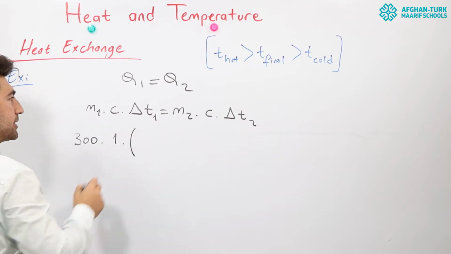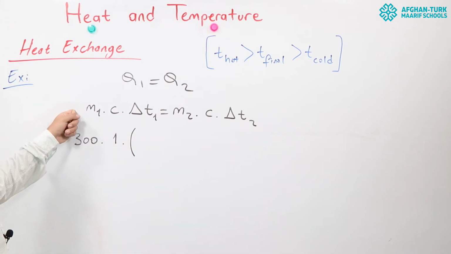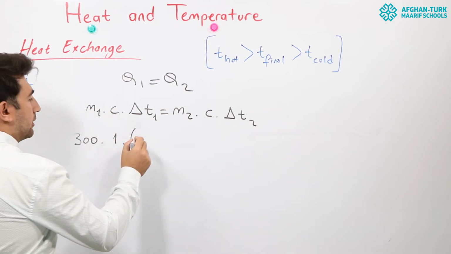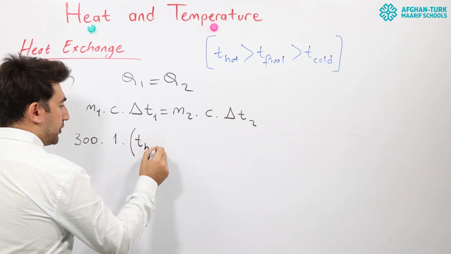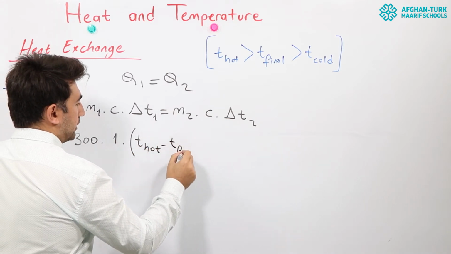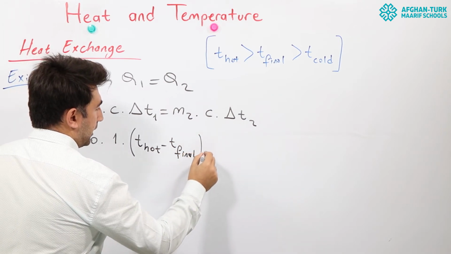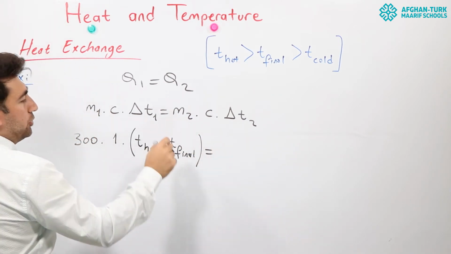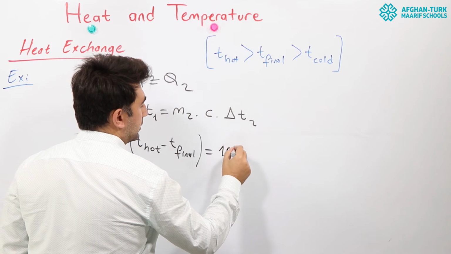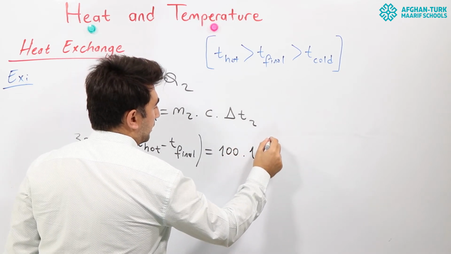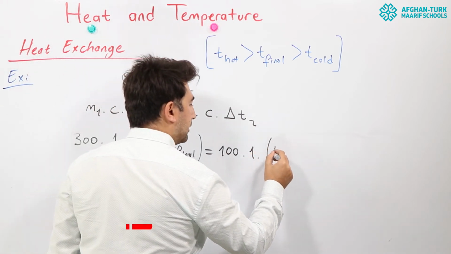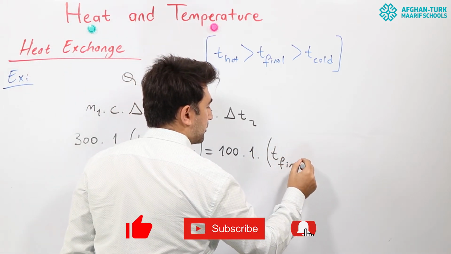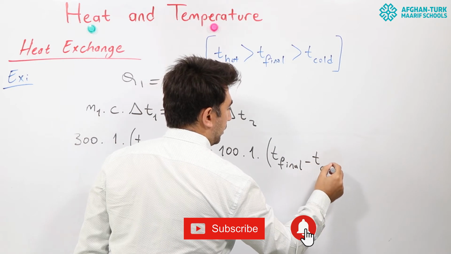Because the first cup of water is hotter than the second one, delta T, the change in temperature, is T hot minus T final, which is equal to M2, 100 grams, times 1, and delta T2, T final minus T cold.